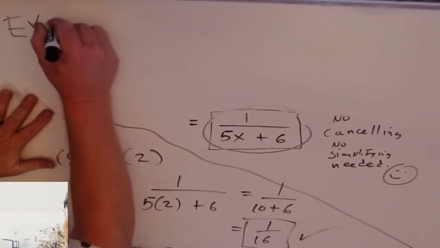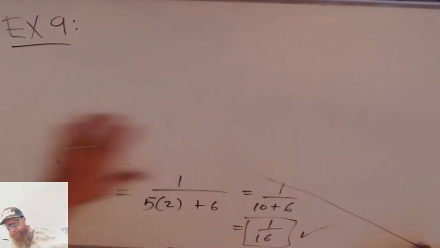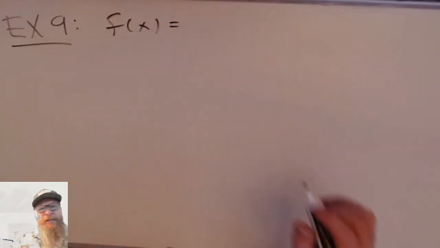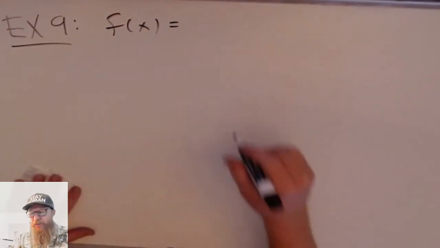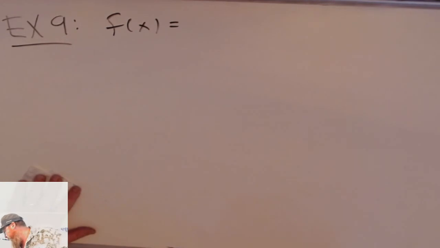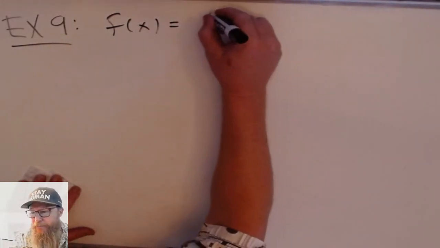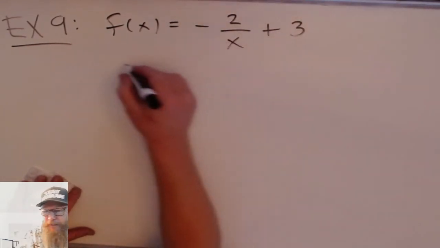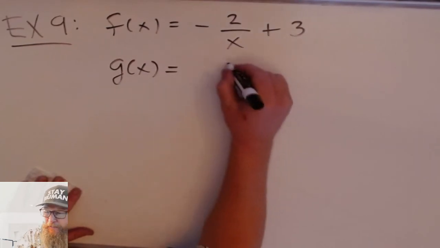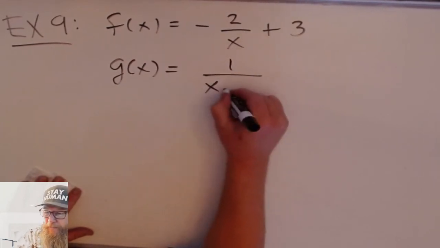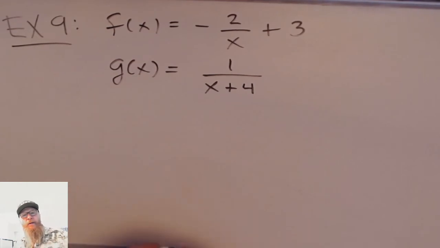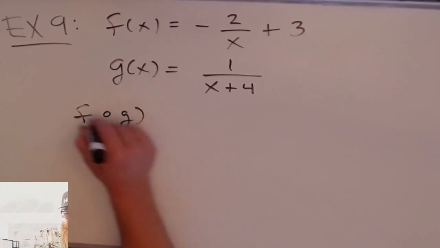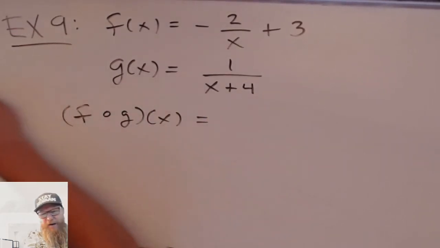Example 9. I've got a feeling these fraction ones are going to be sort of a chore for some folks. So let's go ahead and do f of g, and let's just do it for x.